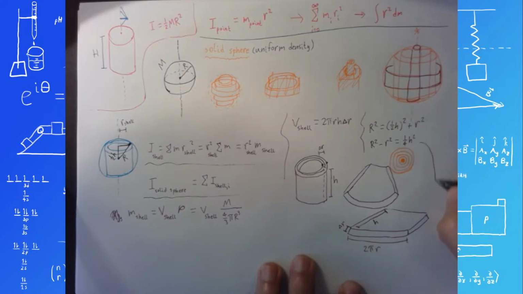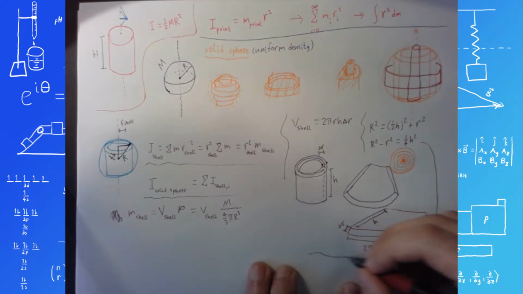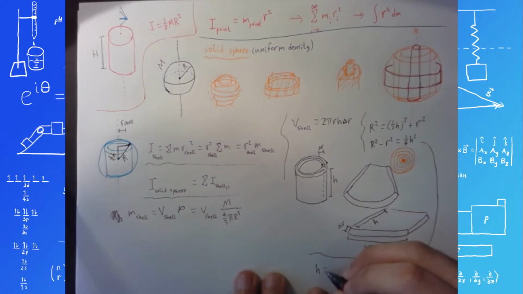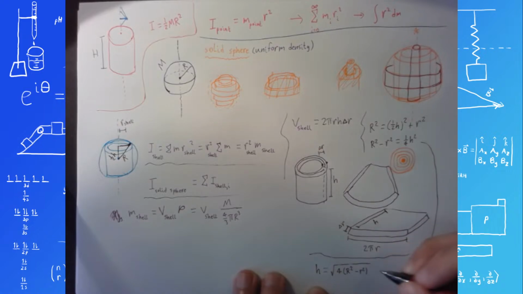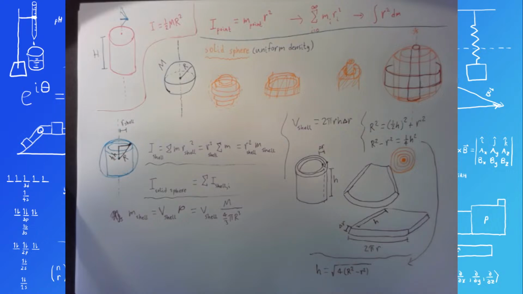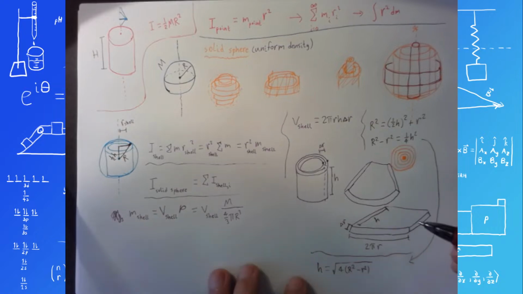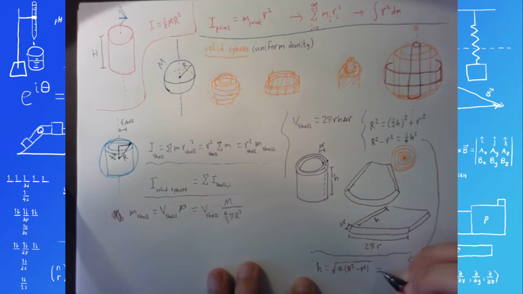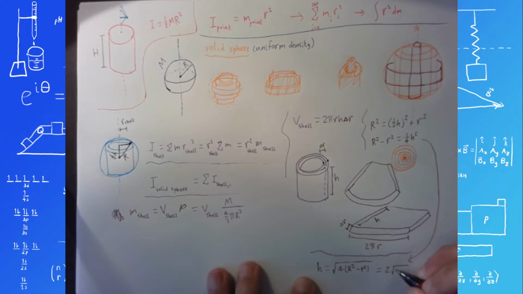If I multiply by 4, then I get h is equal to the square root of 4 times (big R squared minus little r squared), or in other words, h is equal to 2 square root of big R squared minus little r squared.